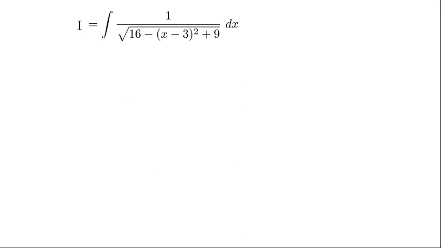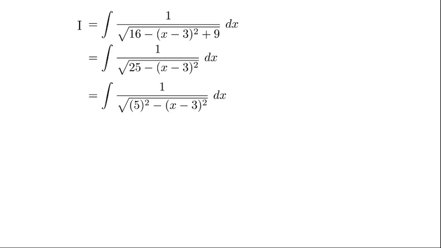When we open the bracket, the last 9 will become minus 9, becoming plus 9. And that will be integration of 1 upon root of 25 minus (x minus 3) whole square dx. 25 is written as 5 square, and now it will be in the form of 1 upon root of a square minus x square. So it is sin inverse of (x minus 3) upon 5 plus c.